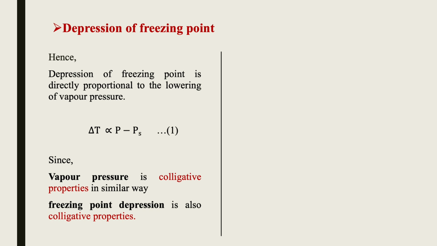Since vapor pressure lowering is a colligative property, in a similar way freezing point depression is also a colligative property, because in the first lecture we have seen that the lowering of vapor pressure is a colligative property. So in that way, freezing point depression is also a colligative property.